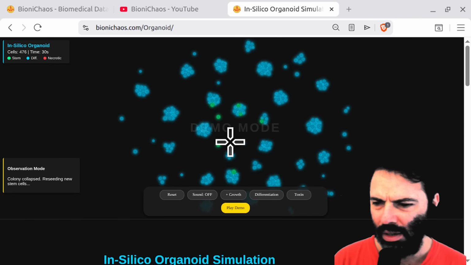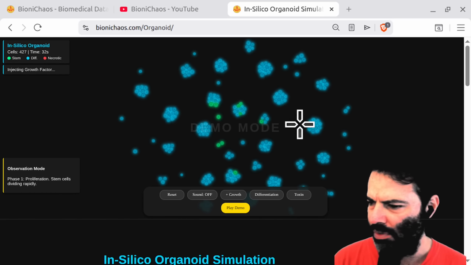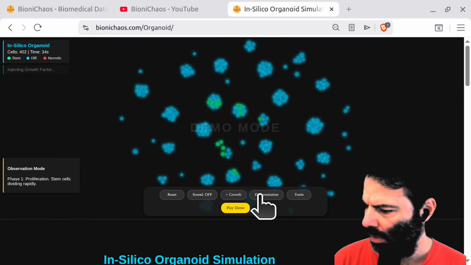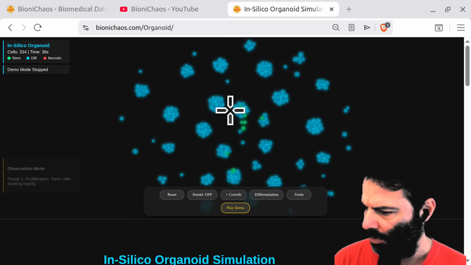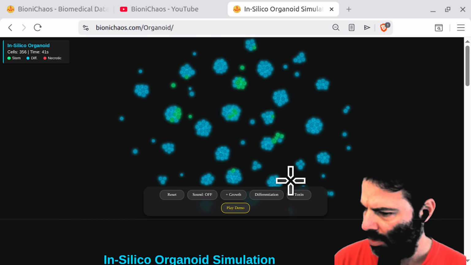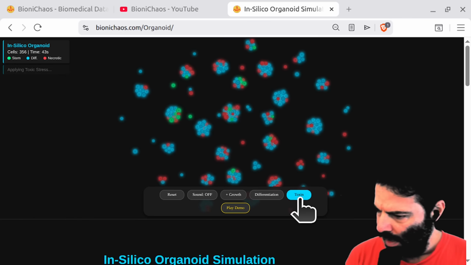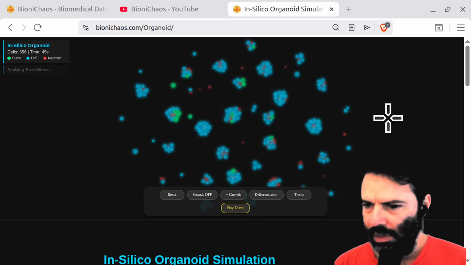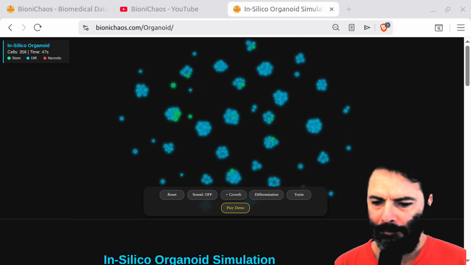Yeah, it's not clear if the demo mode... I don't know why it's now saying demo mode. You can still control it. You can add cells by yourself and stuff. So, not entirely sure what's happening there.